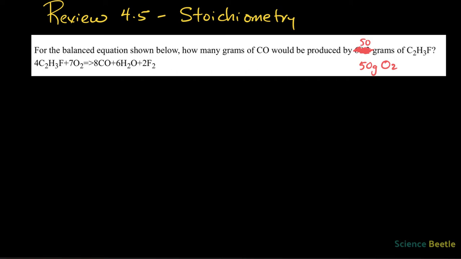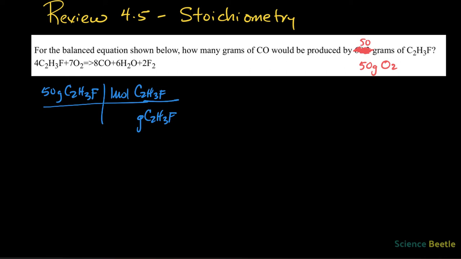At 50 grams of the C2H3F, we'll do that one more time here. So we'll say 50 grams of C2H3F. And this is going to be for every 1 mole of C2H3F. That's going to have a certain mass of C2H3F. And if you recall the mass that we just did in the previous problem, we said that the fluorine was 19, the hydrogens were 3, and the carbons collectively were approximately 24 grams.